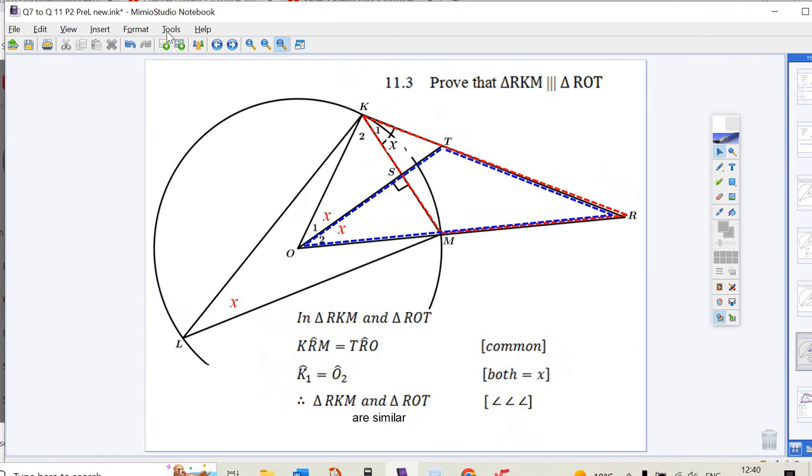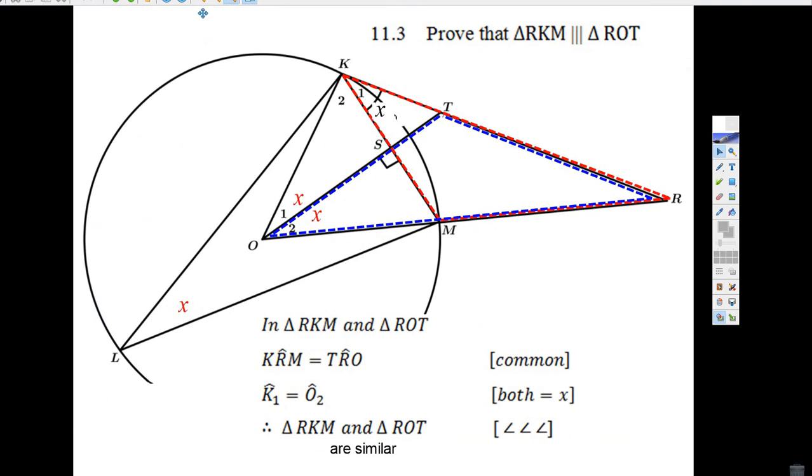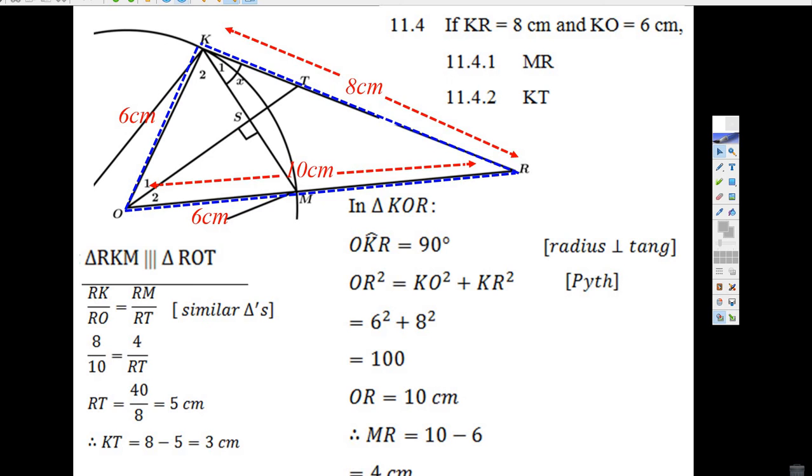Okay, let's go on to the next one, which is a little bit scary because they ask you to figure out this distance MR. But what they do is they tell you KR is 8.